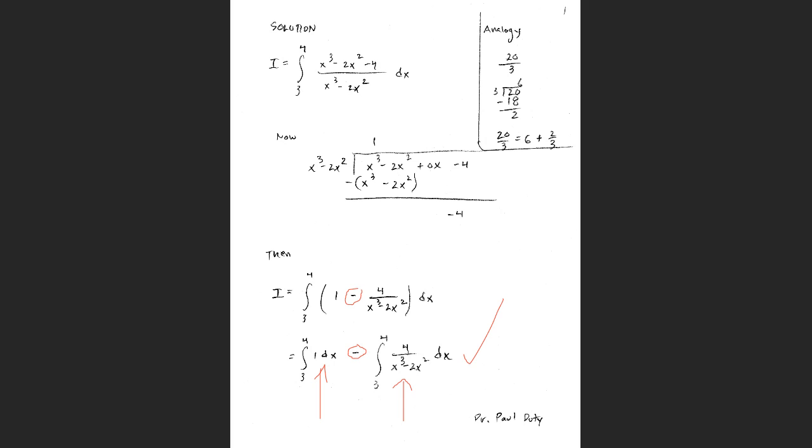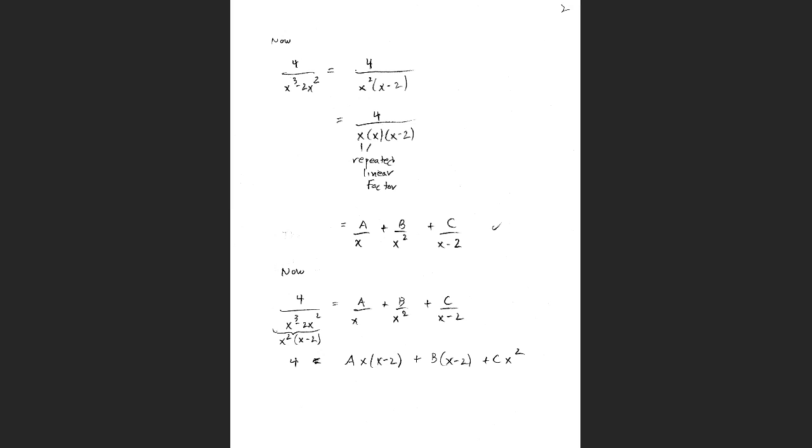So again, this is now the integral that we have to figure out. As always, we factor the denominator. So x cubed minus 2x squared factors as x squared times x minus 2.